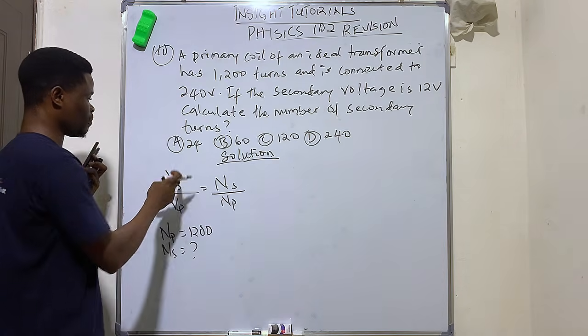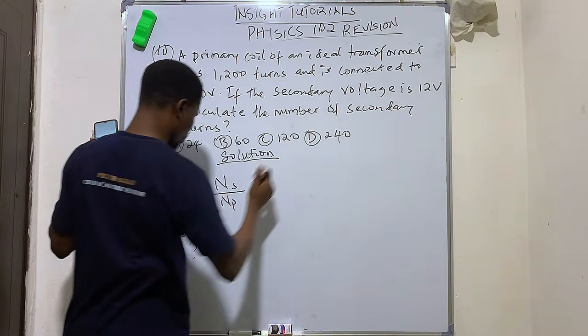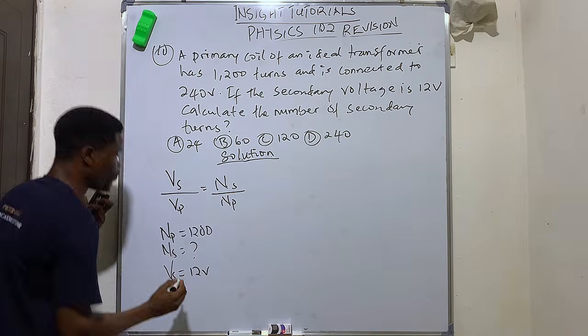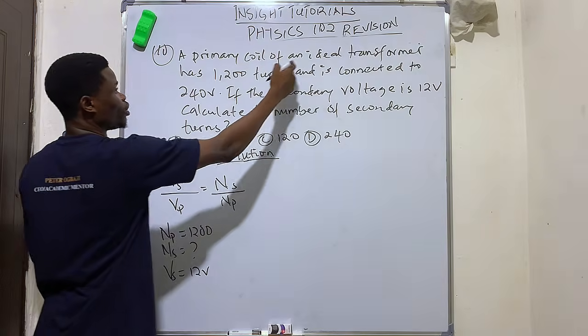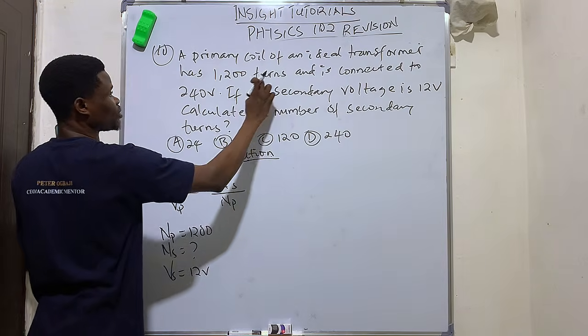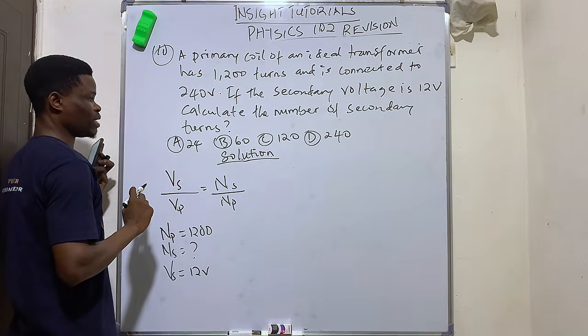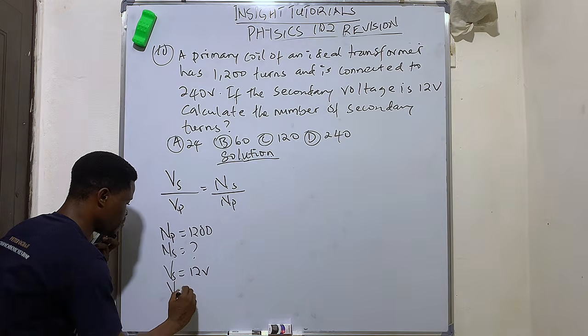We're given our voltage of the secondary coil as 12 volts, so our Vs is 12 volts. The primary coil is connected to 240 volts, so that is going to be our primary voltage, Vp.